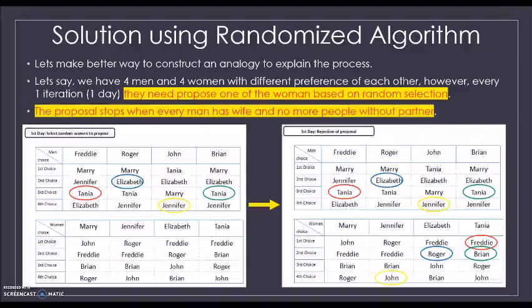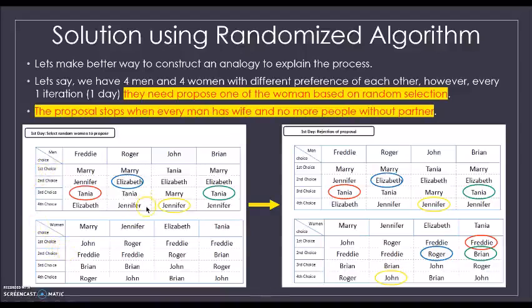There are some solutions for the randomized algorithm. This algorithm is improvised by making two tables, a man table and a woman table.